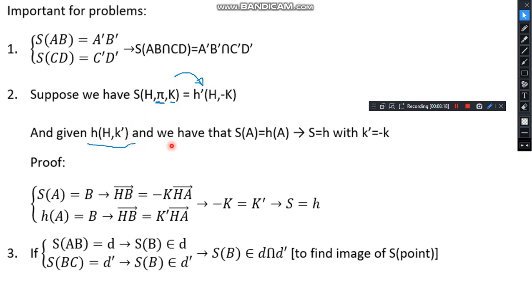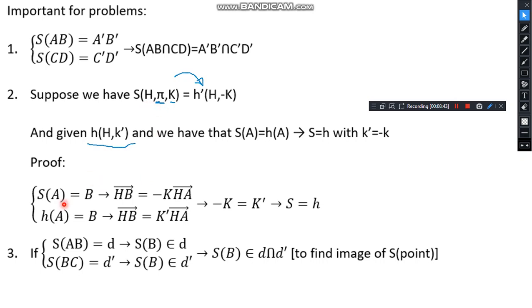We can show that if we have point A, S of A means H prime of A, and if you do H of A, you're going to have the same point. So directly in that case, the similitude and H will be the same. They are equal, and this K will be equal to my K prime, and K prime will be minus K.